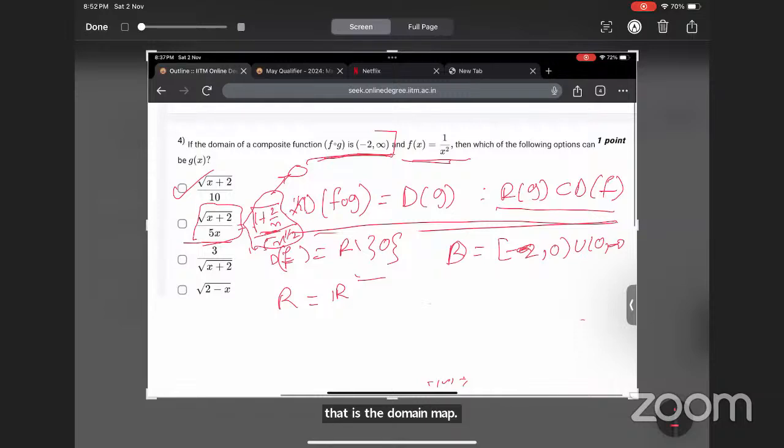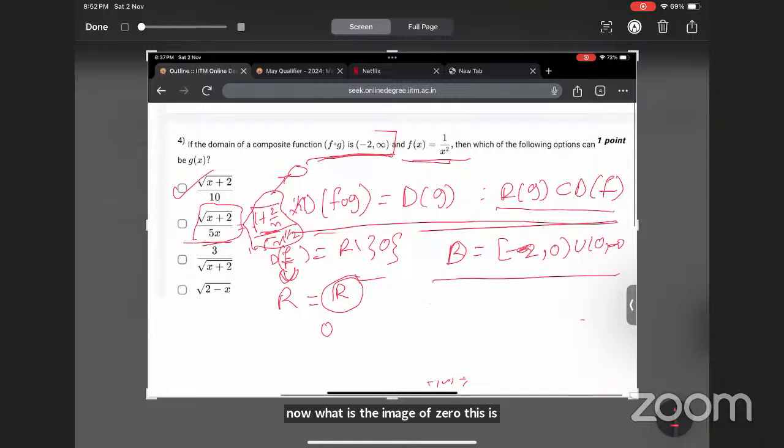And the range is the real line, right? Now, if we want the range as a subset of this, then we need to exclude the point 0 from here. That means we have to exclude the pre-image of 0 from the domain in a similar way, right? Now, what is the image of 0? This is -2, right?